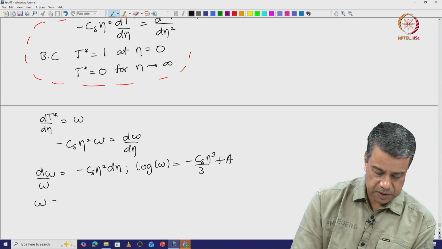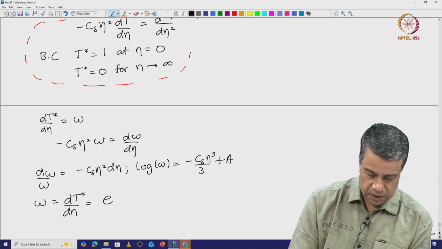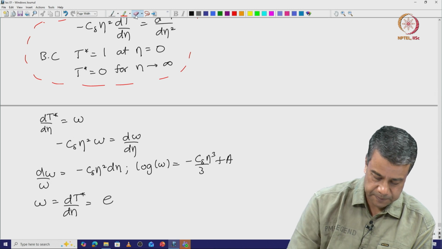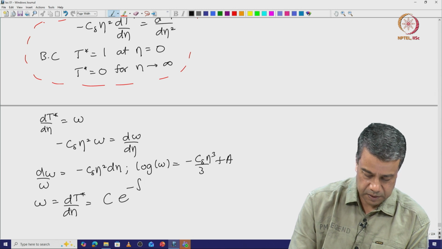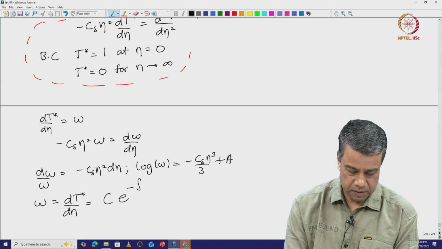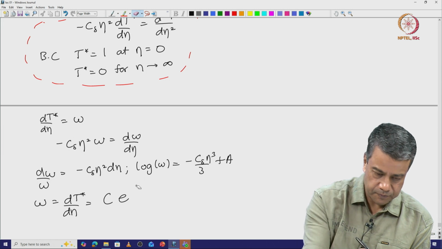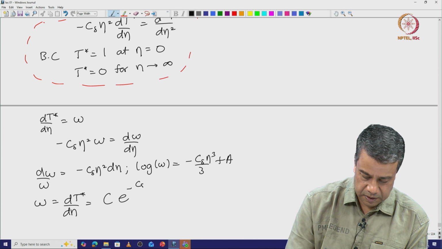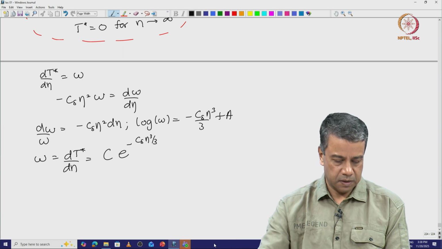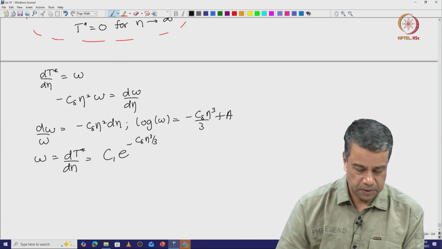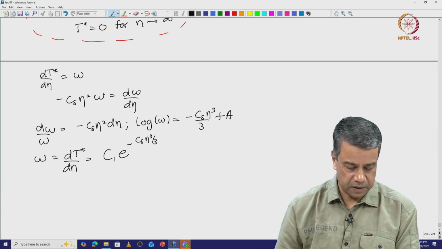Therefore, w, which is equal to dT star by d eta, is equal to e power minus c delta eta cubed by 3, with a constant c1, where c1 is a constant of integration.